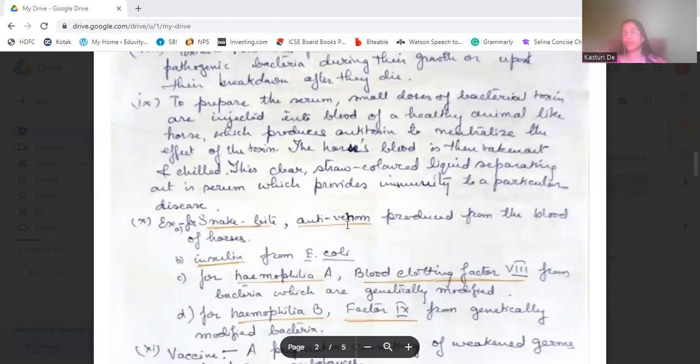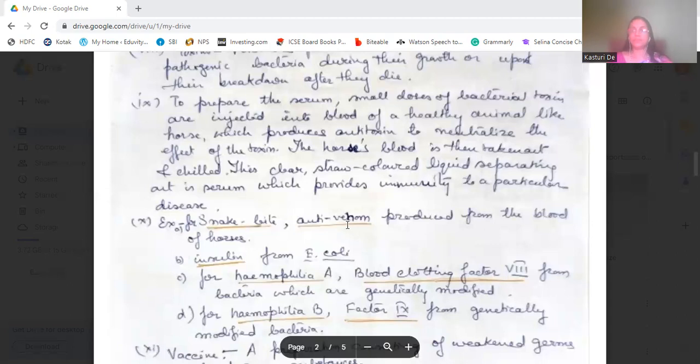For hemophilia A, blood clotting factor 8 is produced by genetically modified bacteria. For treating hemophilia B, factor 9 is prepared from genetically modified bacteria.